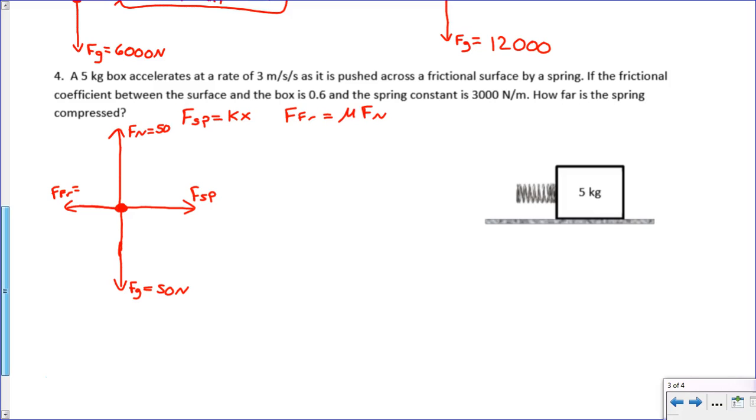We don't know what the spring force or the frictional force is, but we have enough information to calculate the friction force because Ffr equals mu times Fn, which in this case is 0.6 times the normal force, 50, and that equals 30 newtons.